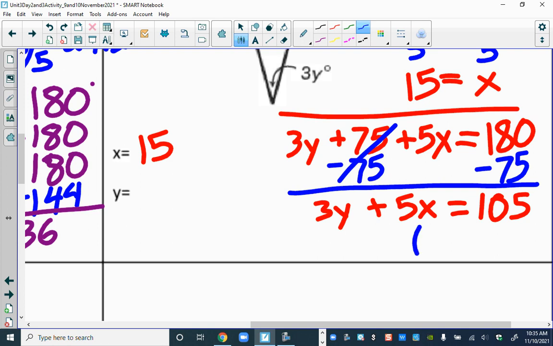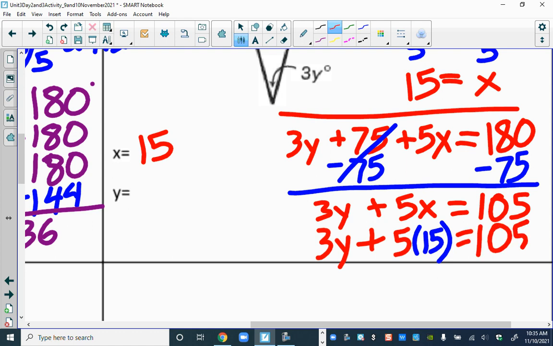I know it was a little long, but it's all about thinking, and it's also about full understanding. So we have to replace the x with a 15 because we found out right away. And then what's 5 times 15? 75.